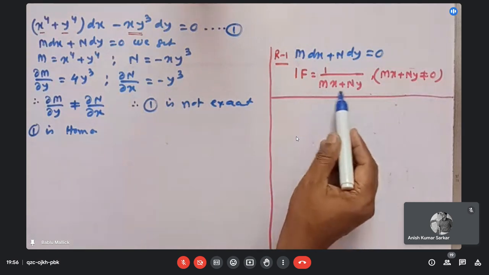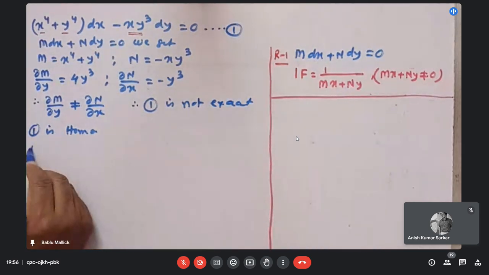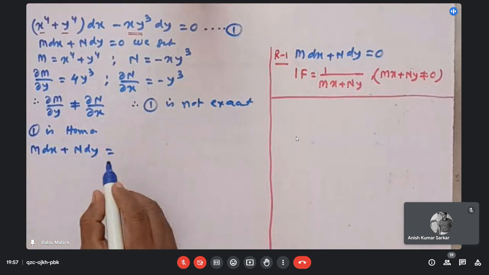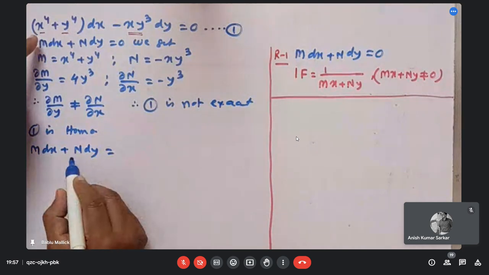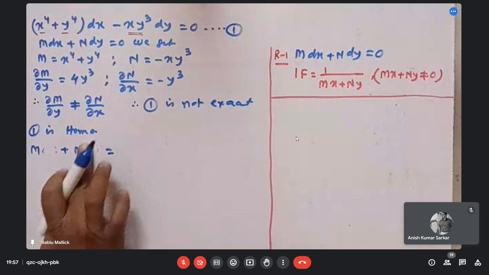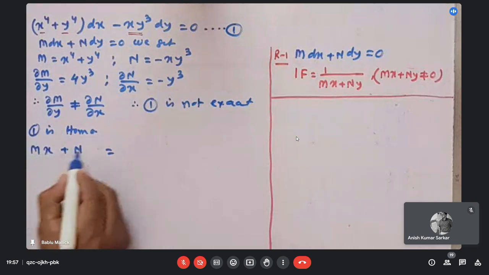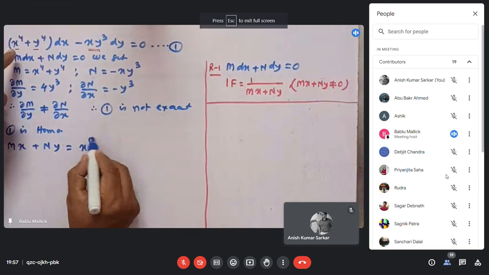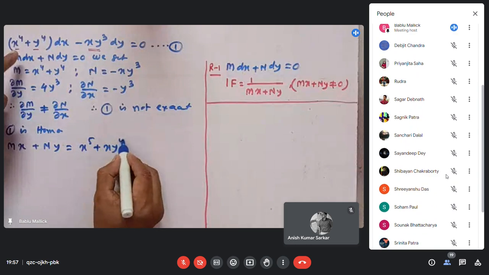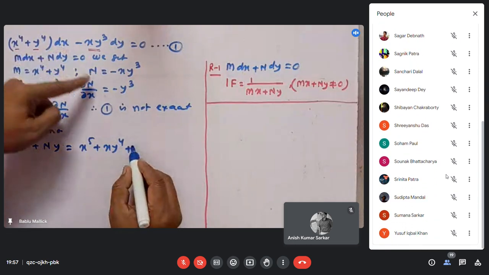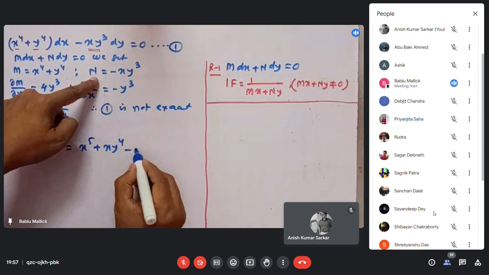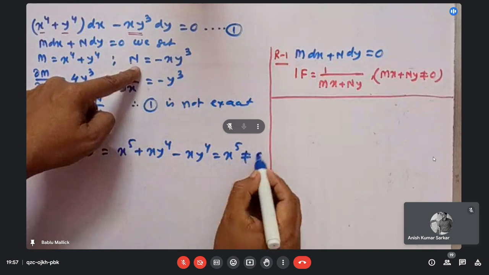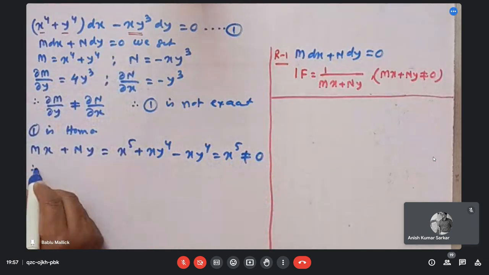Now check M dx plus N dy. Write M into x plus N into y. Calculate. M into x is x to the power 5, x into y to the power 4, and N into y is minus of x into y to the power 4, so it is x to the power 5 which is not equal to 0.